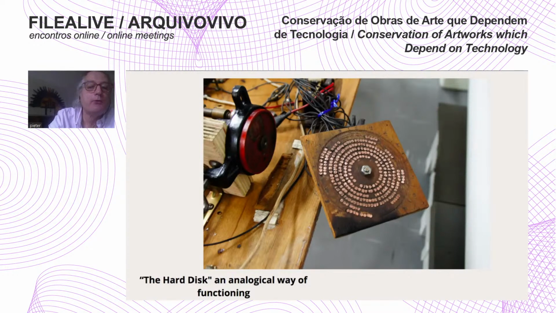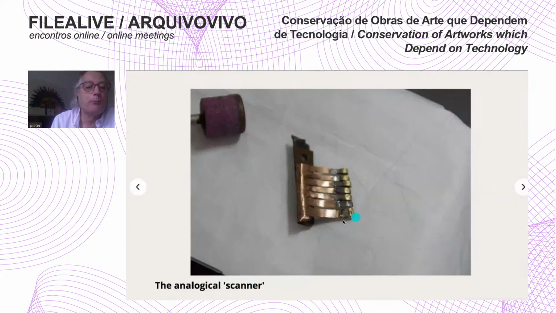Each nail is connected to an electric wire. And on top of this goes this comb. And it circles around with a small motor, very slowly. Every time this touches one of the nails, one of the lights goes on.